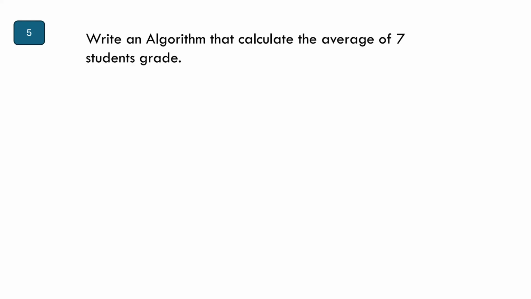So let's repeat the solution again. We have a control variable, and then we will read some grades, and we will calculate the sum of these grades. And according to the sum value, we will calculate average value. So we will check if this control variable is less than or equal to 7, because the number of our students is 7.